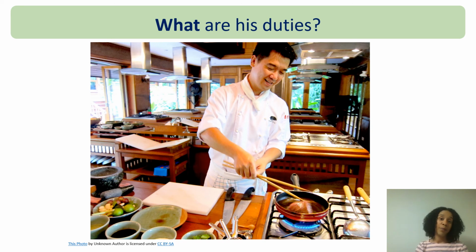If you work at a big restaurant, many times the chef has to tell other cooks how to cook. There is one chef who tells many other chefs what to do, okay? So a chef's duties are to buy the food, to plan the menu, and to cook the food.